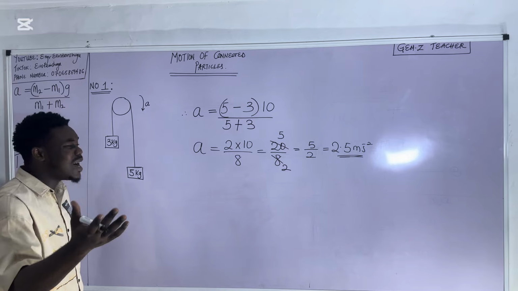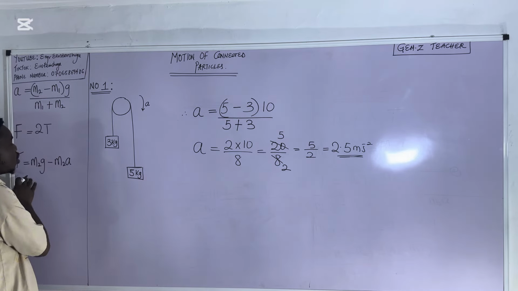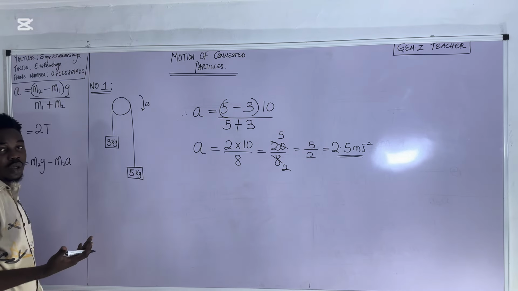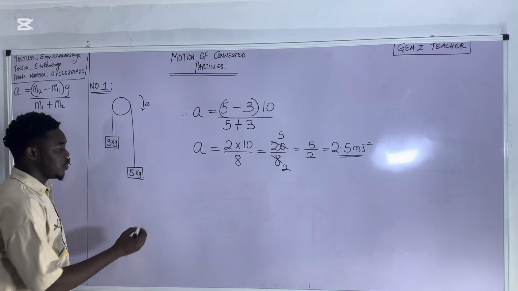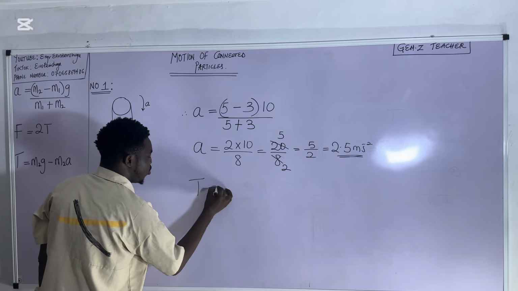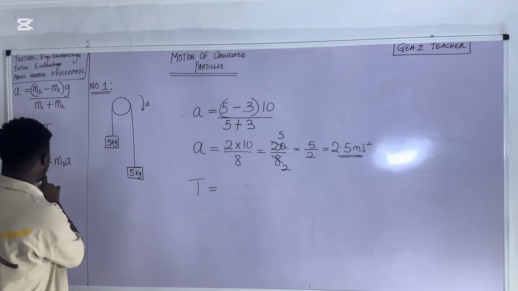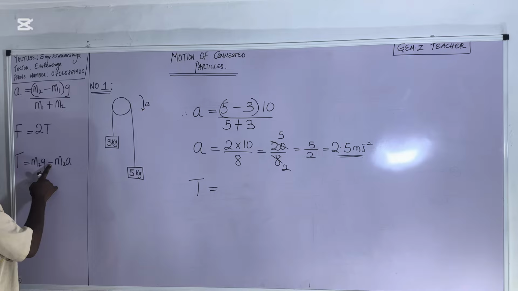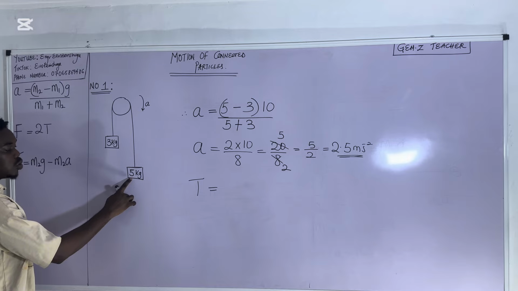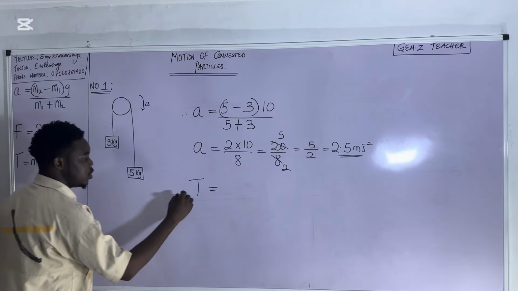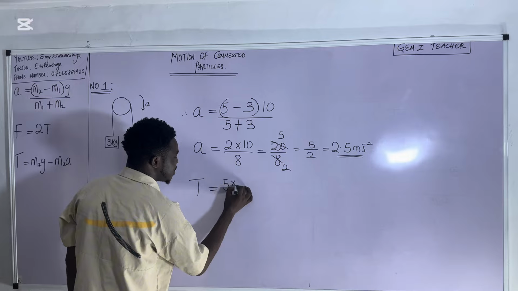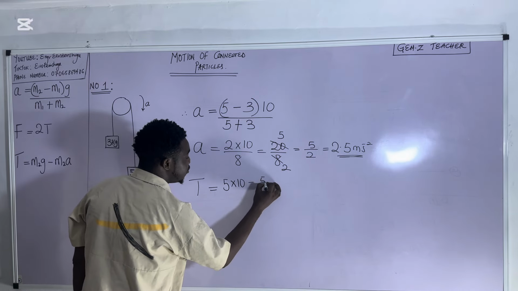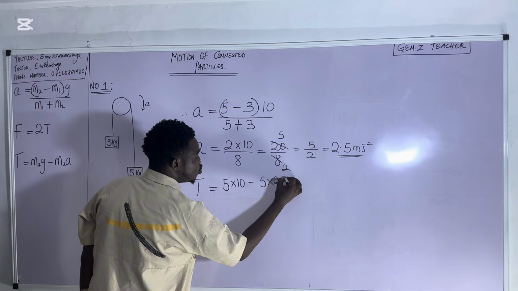If we were asked to find the force or the tension in the body, we can also find the tension from equation number 2. M2G minus M2A. M2 is the bigger mass, 5. So we have 5 times 10 minus 5 times A, which is 2.5.